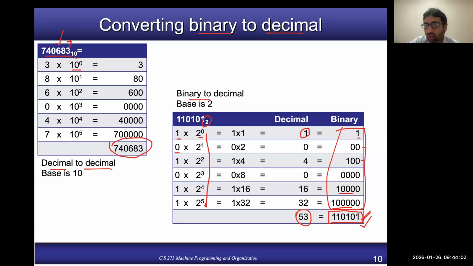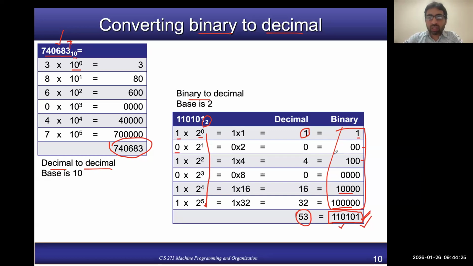So 1 plus all zeros is 1. All zeros is 0. Then in the third column, you have 1 and 3 zeros, so it becomes 1 when you add them together. In the fourth column, you have 3 zeros, so the sum is 0. In the fifth column, you have 1 and 0, so it becomes 1. And in the sixth column, you have only 1. So you get exactly the same binary number.